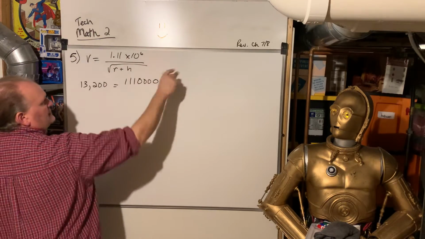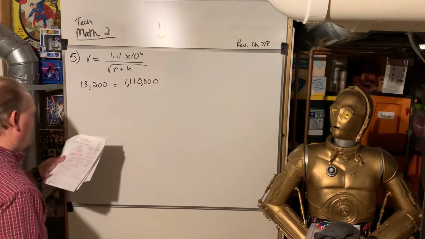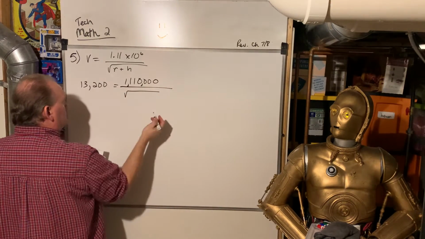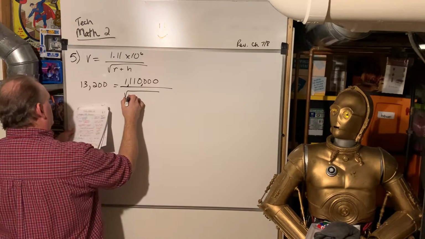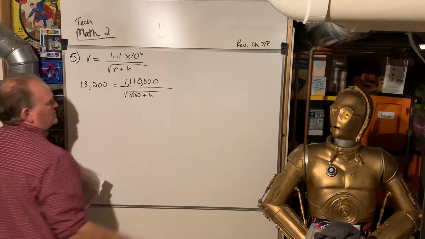So that's 6 places to the right. So it's actually 1,110,000 is what's going on there over the square root of R. They told us was 3960 plus H.